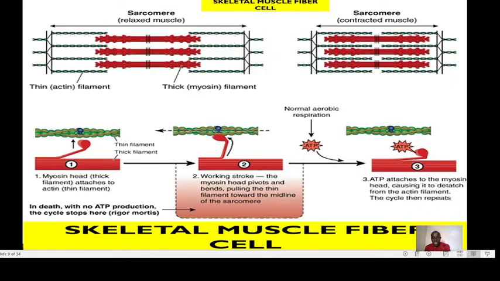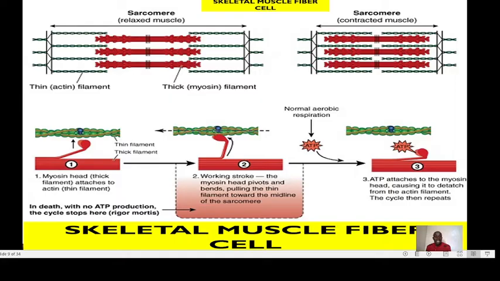So for us to release this part, we must have the ATP come and dislodge the thick filament from the thin filament, so that we can have relaxation. Remember, in cases of death where there is no ATP production, the body will be in contracted form, and that's where we normally have rigor mortis.